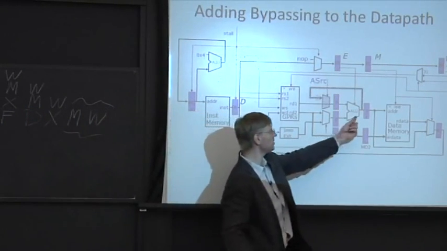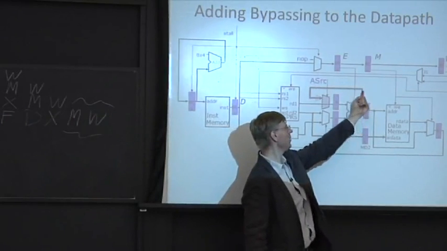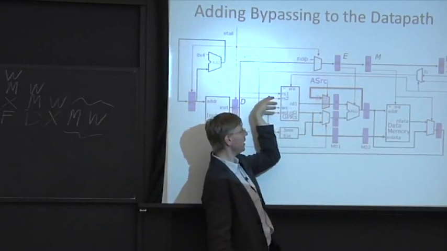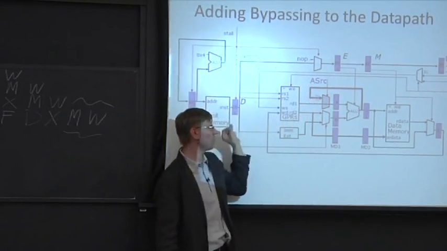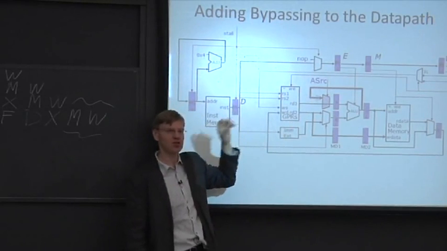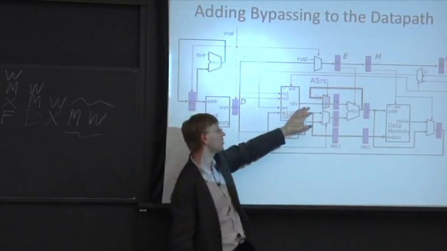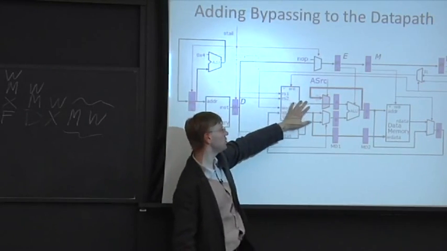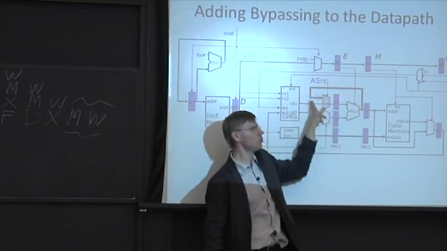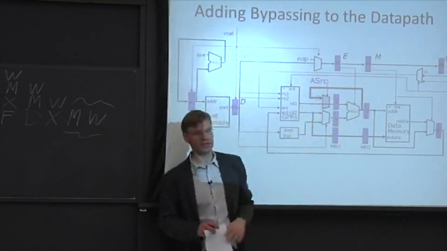So we're going to add in this bypass, which takes the result of the ALU, turns it around, and puts a multiplexer here. And we can now detect whether, using a similar signal as our stall signal, two operands match. And if they do, we get the result value out of the ALU early and run it through this multiplexer.